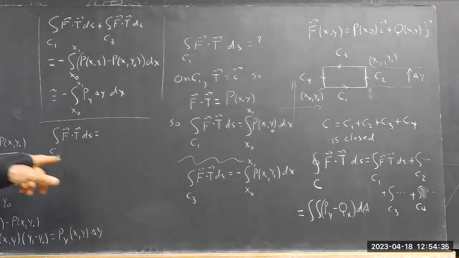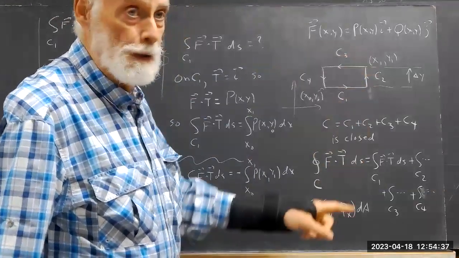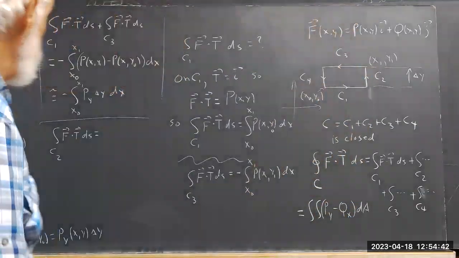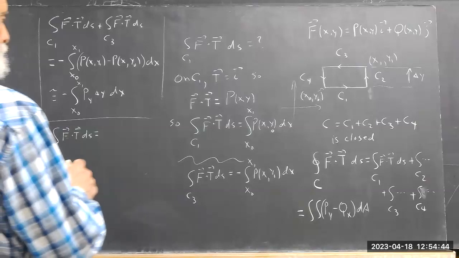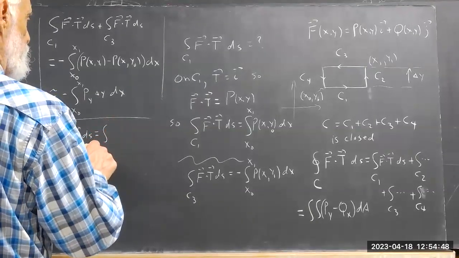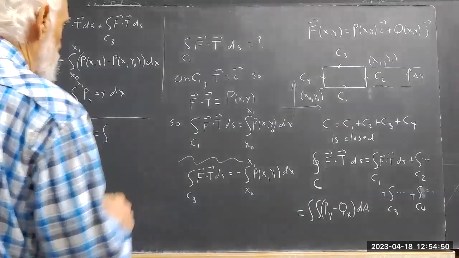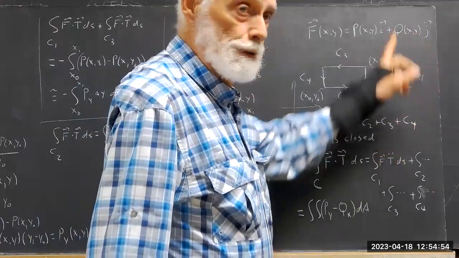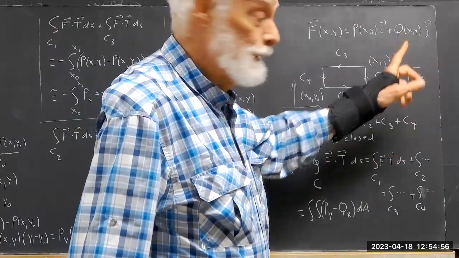The integral over C2, you're going in the positive y direction. So that's going to be the integral of q of x, y, because your unit vector is j now, is positive.